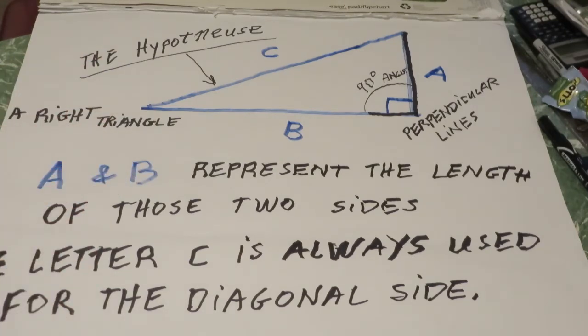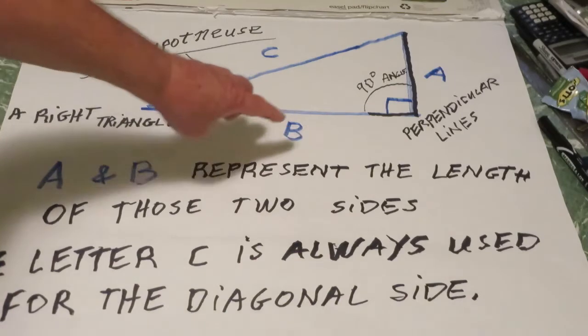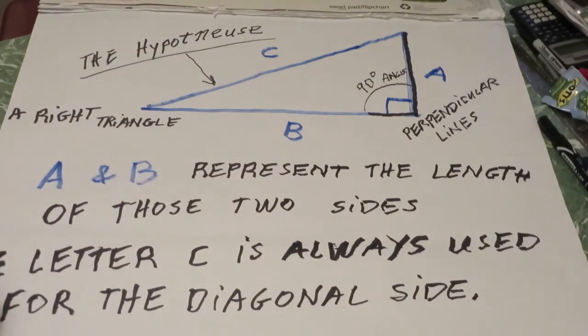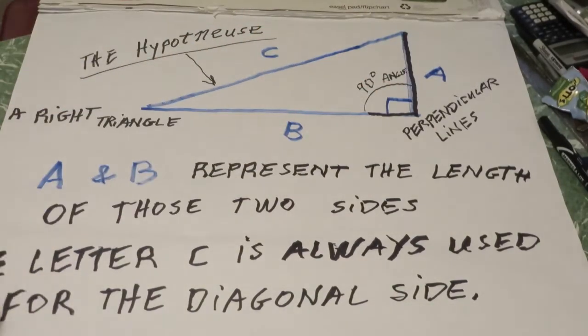That makes it a right triangle. What we call Pythagorean Theorem applies only to a right triangle, but it is a very remarkable thing, and that's what I'm going to tell you about. So we look at a right triangle. It has what we refer to as legs, these two sides. These A and B are called legs, and the letters represent the length of those two sides.